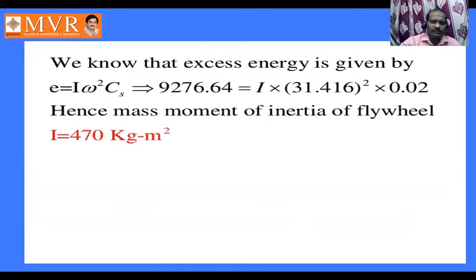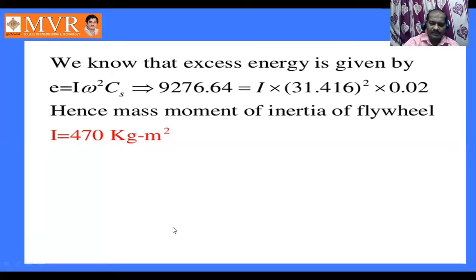We know that excess energy is equal to I omega square Cs. This relation you have to remember here. Right now I have not given the derivation of that flywheel, but you still remember here. E is equal to I omega square into Cs. Cs is the coefficient of fluctuation of energy, omega is the angular speed, I is the moment of inertia, and E is the excess energy.